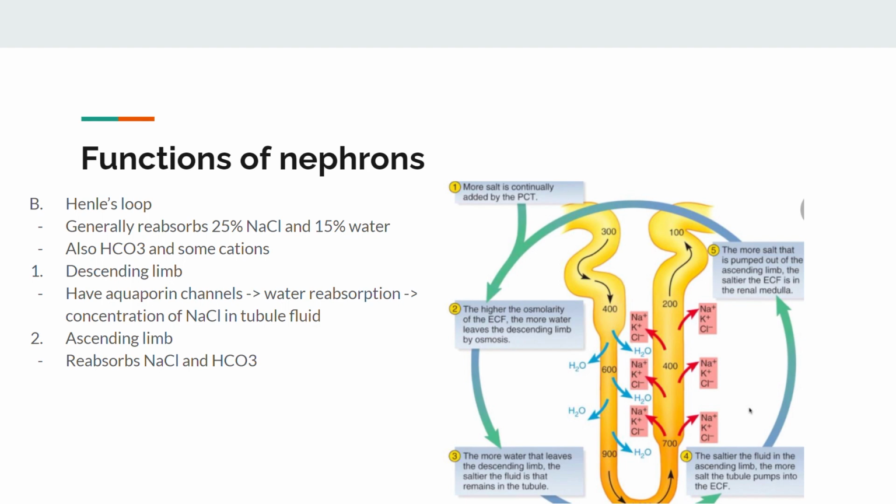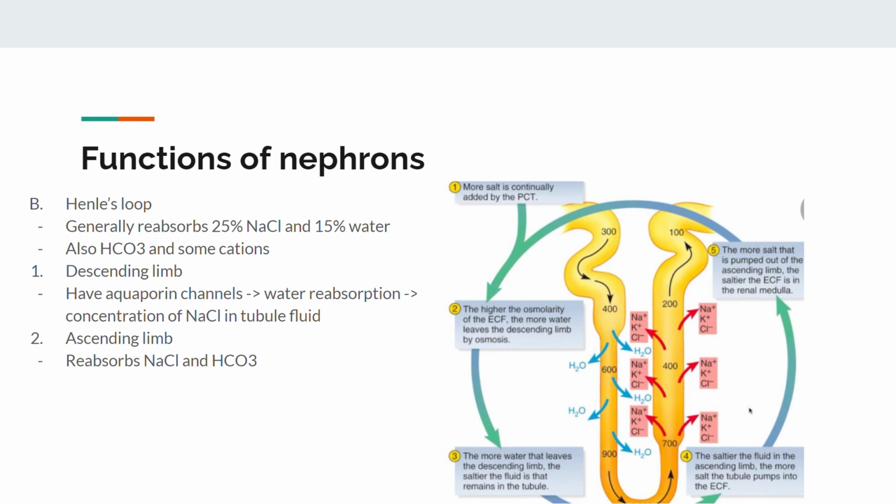In the beginning part, it's just passively moving into the blood, but as you go up the ascending limb, it actively starts to secrete out the sodium chloride and potassium. And you might remember this horrible diagram as the countercurrent system.